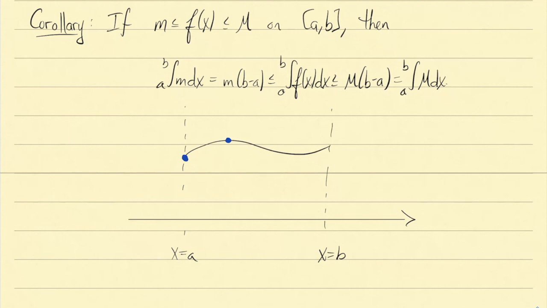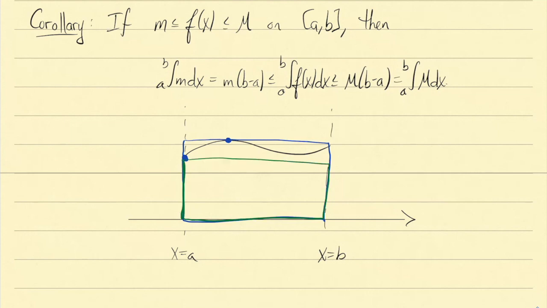The maximum value, which we call capital M, defines a rectangle. The right-hand inequality tells us that the area underneath our function f is no bigger than the area enclosed by the blue rectangle. Similarly, we can draw a rectangle in green corresponding to the minimum value, little m.